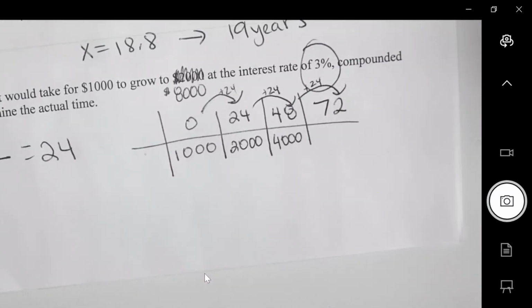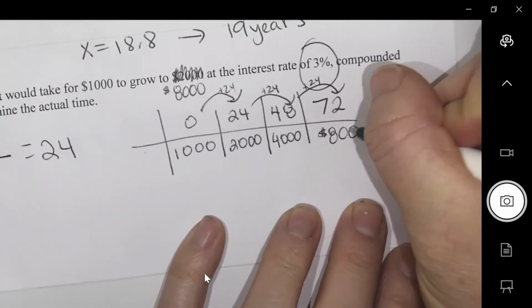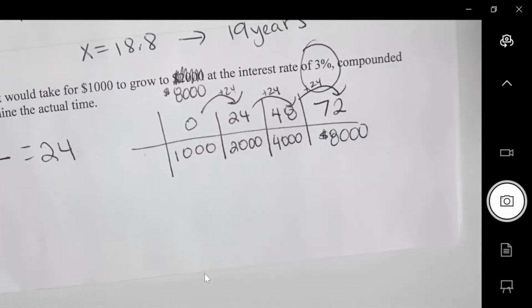If I do another 24 years, so now I've been doing this for 72 years, I will have $8,000. Okay?